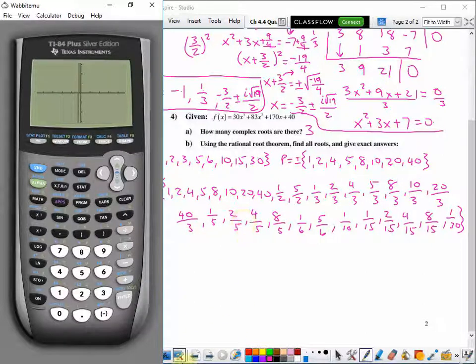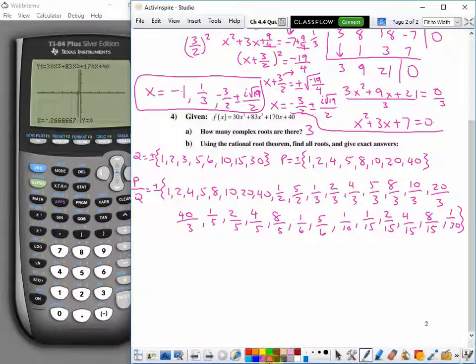What it's actually going to turn out to be, and I'll show you by tracing, is -4/15. Okay, so it could take a lot of guess and check before we finally get to that particular one, but x equals -4/15 is the rational root. Everything else is going to be irrational.